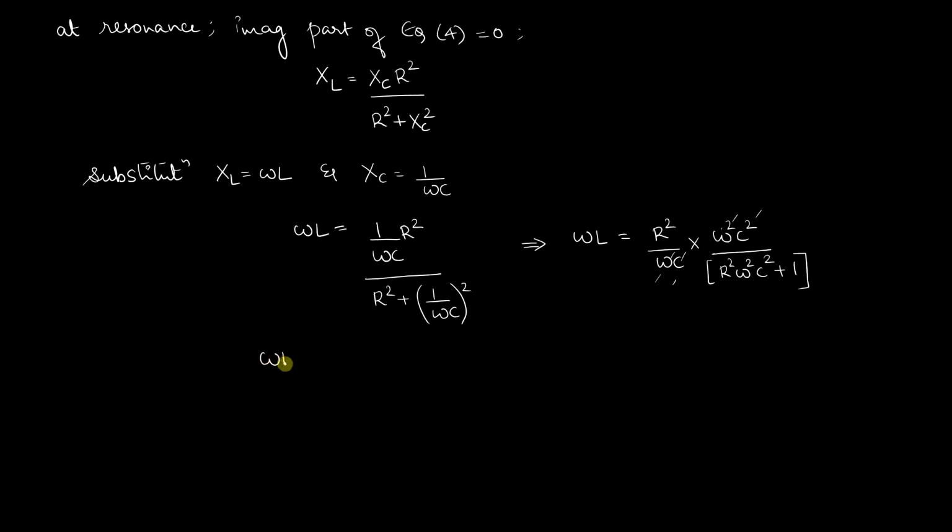Omega L is equal to omega C R square divided by R square omega square C square plus 1. Okay, so this omega and this omega get cancelled off, and you can take this term here, and this is L into R square omega square C square plus 1 equal to R square into C.